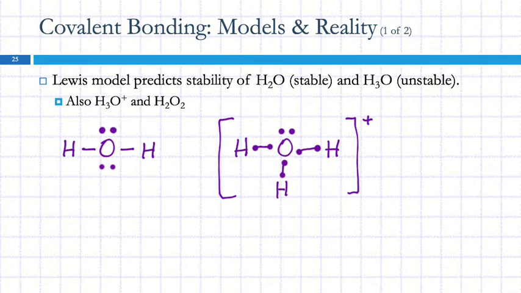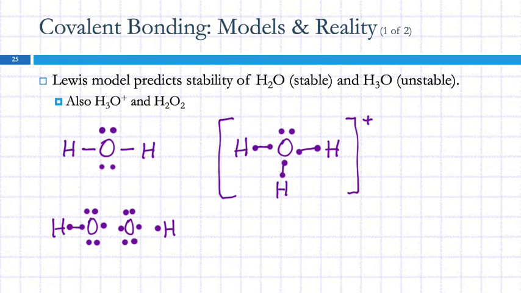What about H2O2? That's hydrogen peroxide. Each oxygen has 6 valence electrons, each hydrogen has 1.